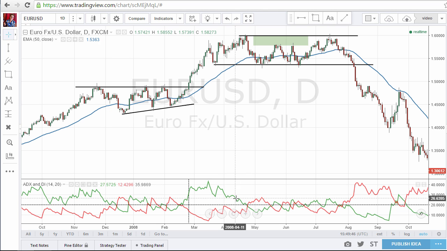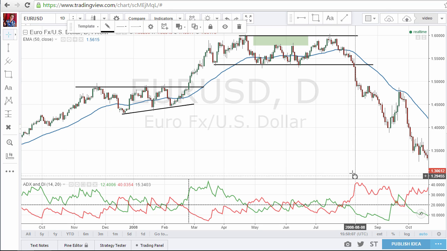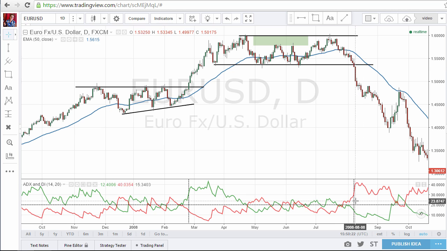And then again, once price entered this range here at the top, both the DI lines were very close, and they kept crisscrossing each other, so we did not have directional information. And then again, once price broke this trend line here, we can mark that again on our ADX. Here you can see we marked a time when the price broke the trend line, and at that point the red one was well above the green one.